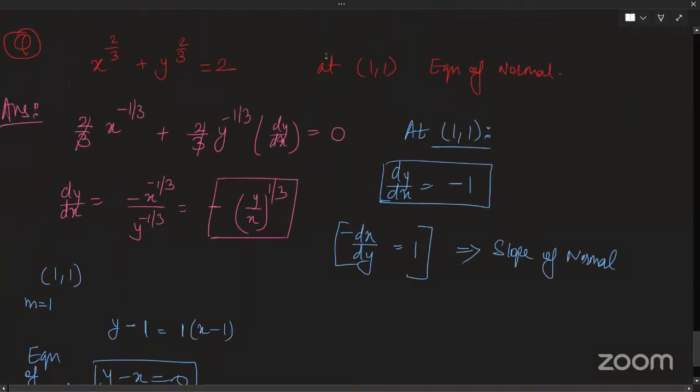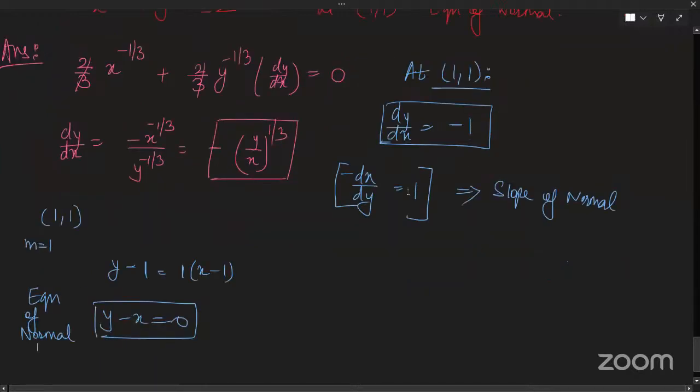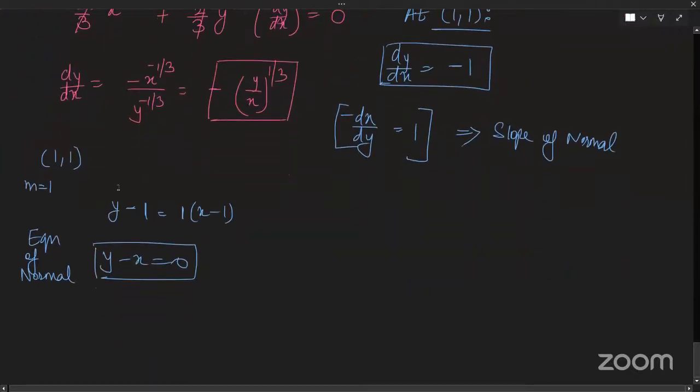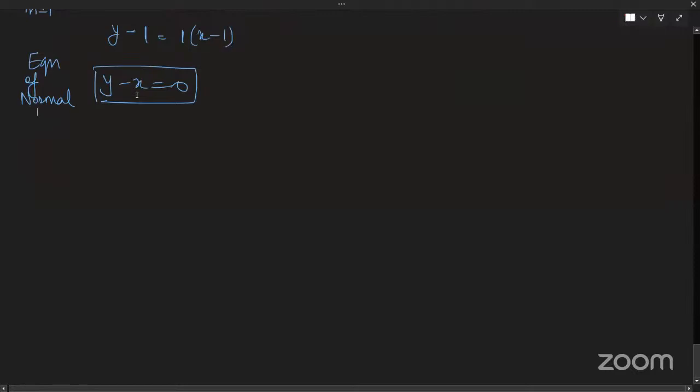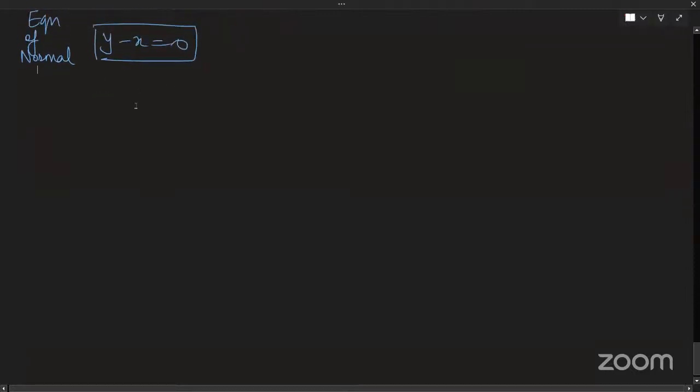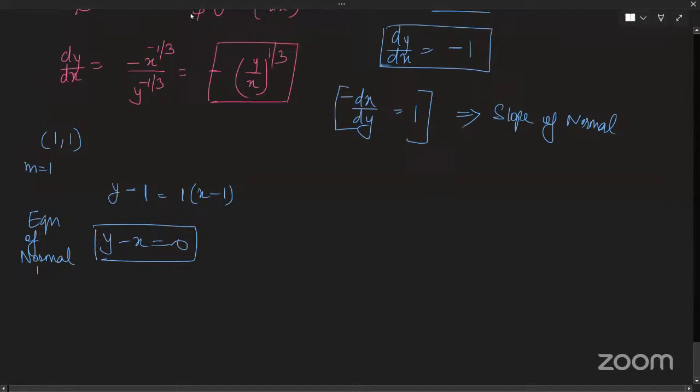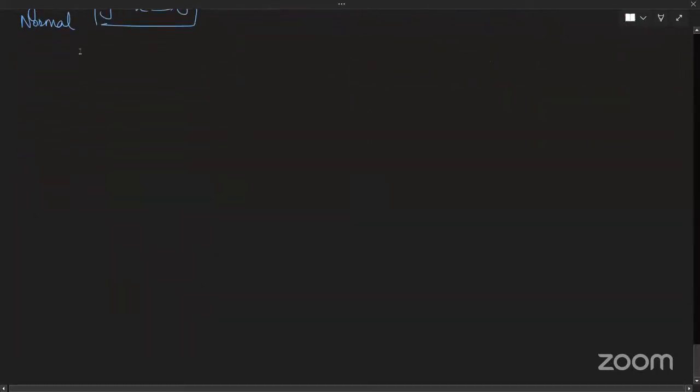I knew the point 1 comma 1 and calculated the slope of the normal, which is also 1. So I just applied my basic rule y minus y naught is equal to m times x minus x naught and got this.